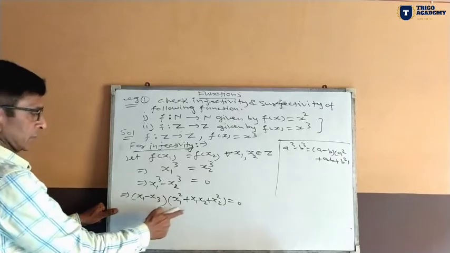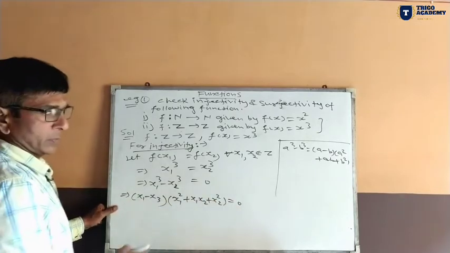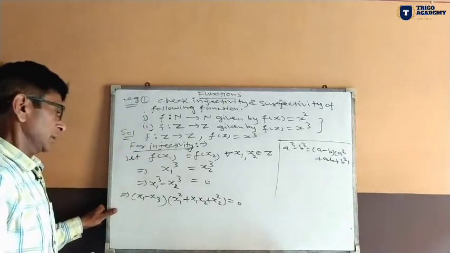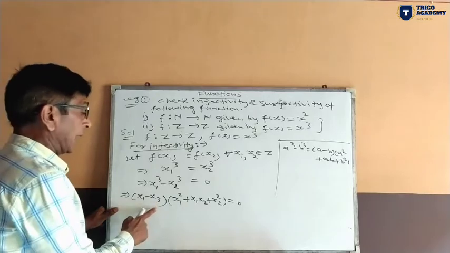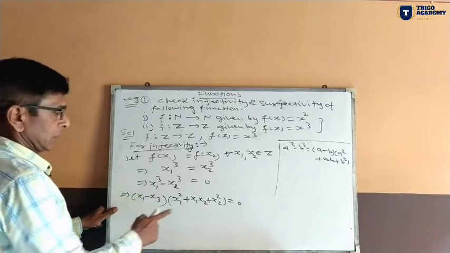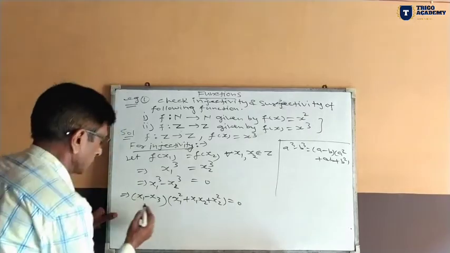Same way, these are two factors whose product is 0. So this product is 0 only when any one of the factors is equal to 0.